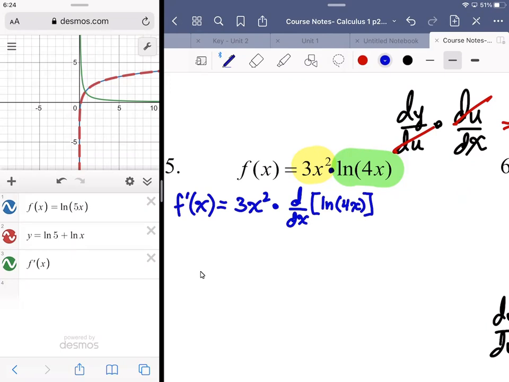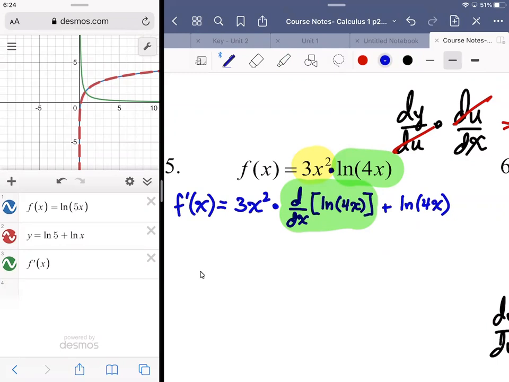So I just write it out in notation form first and then simplify from there. So that's first times the derivative of the second, plus the second, ln of 4x, times the derivative of the first. Now that you can do in your head.